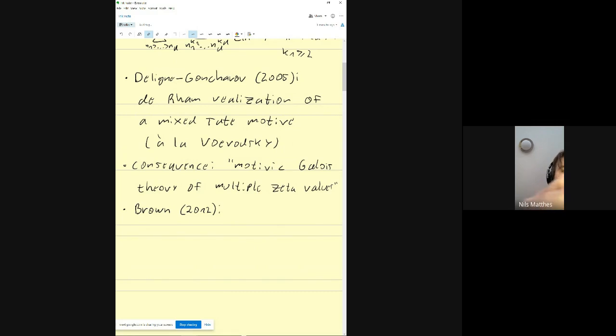And what he was able to show is that the de Rham fundamental group of P1 minus 3 points in fact generates the category of mixed Tate motives.